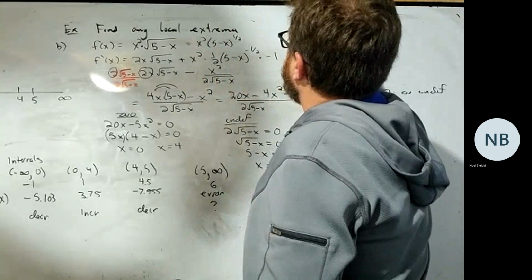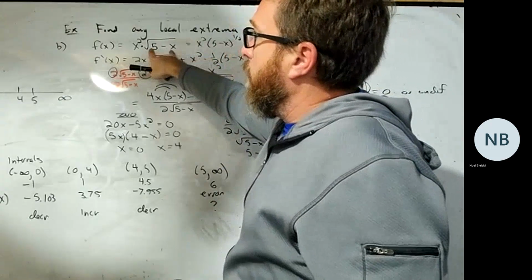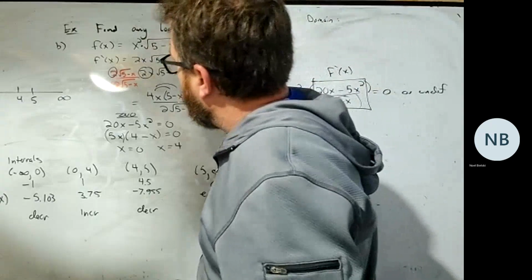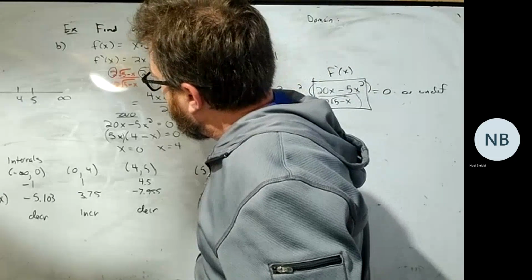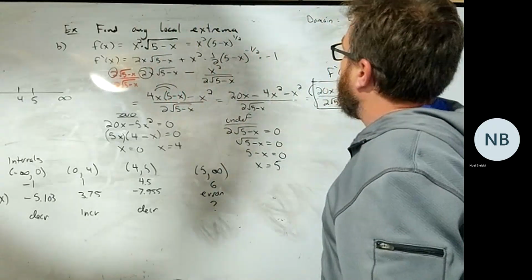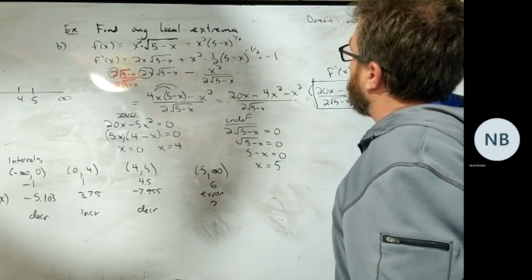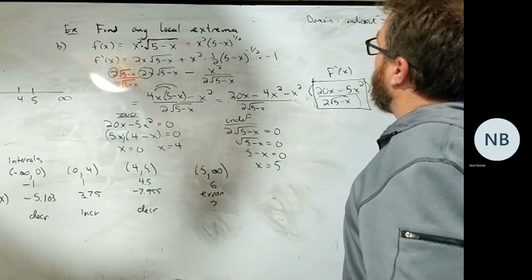All you do is look at the radicand, what's underneath this radical. What's underneath this radical has to be greater than or equal to 0. So you ignore the radical. You just say the radicand has to be greater than or equal to 0.